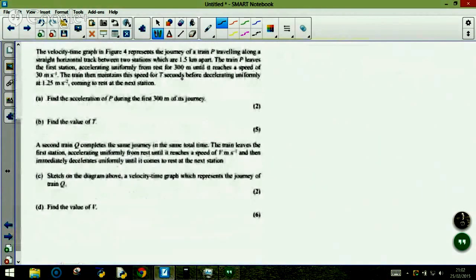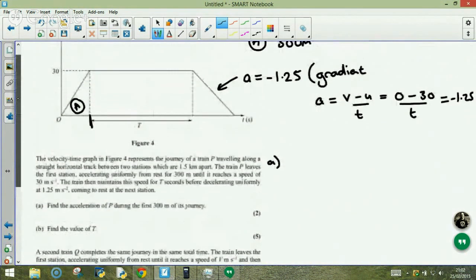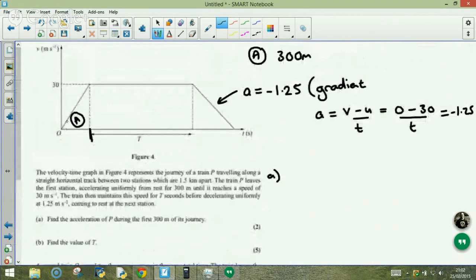All right, the first question for part A asks us to find the acceleration of p during the first 300 meters of its journey. So we've got this section here is our first 300 meters. So we've got a triangle where the base is, we're not sure about.